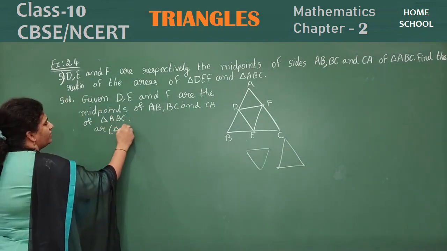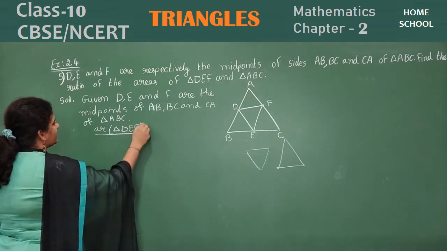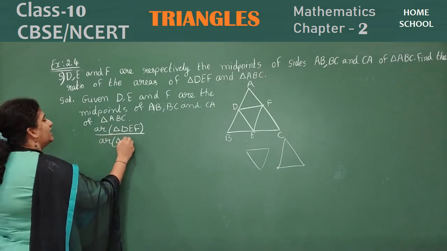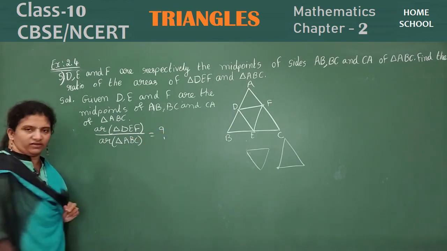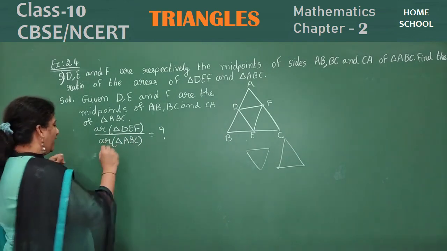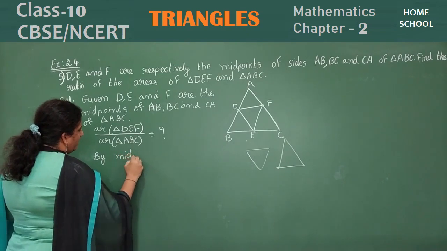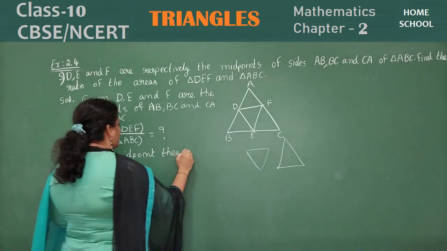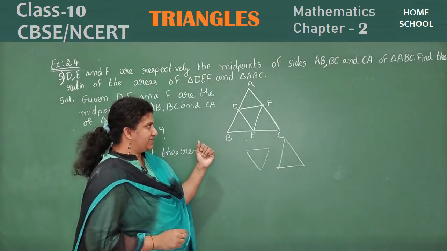Area of triangle DEF by area of triangle ABC is equal to question mark. The ratio of these areas is equal to question mark. By the midpoint theorem. So I can write now in a triangle ABC.